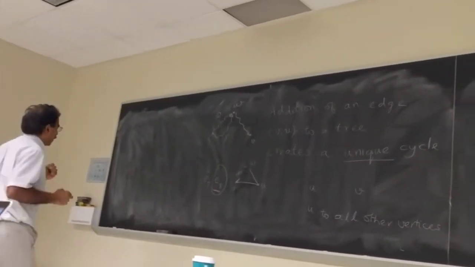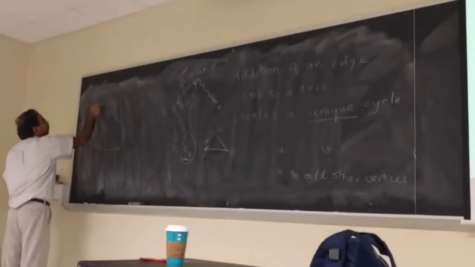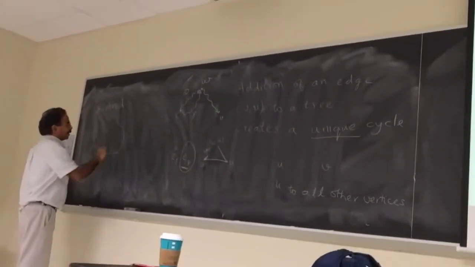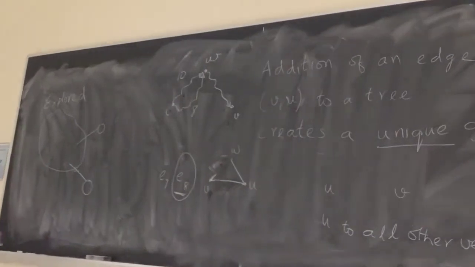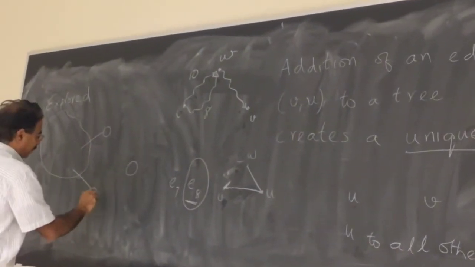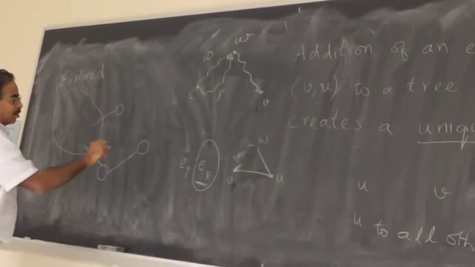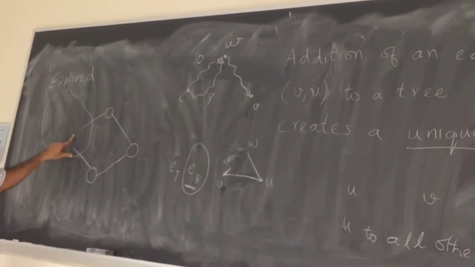Okay, so what we are saying here is that, let's say this is the explored set. And let's say if there is a vertex like this, such that it's not connected to anything inside.